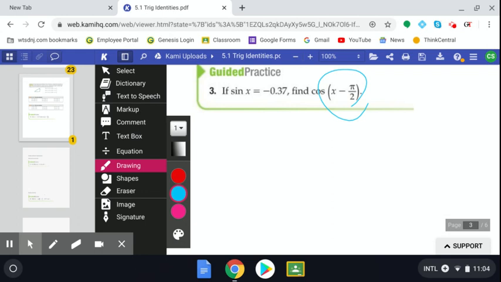So cosine of theta minus pi over 2 should be equal to cosine of negative, I can pull out the negative to make it in that form, so negative pi over 2 minus theta.